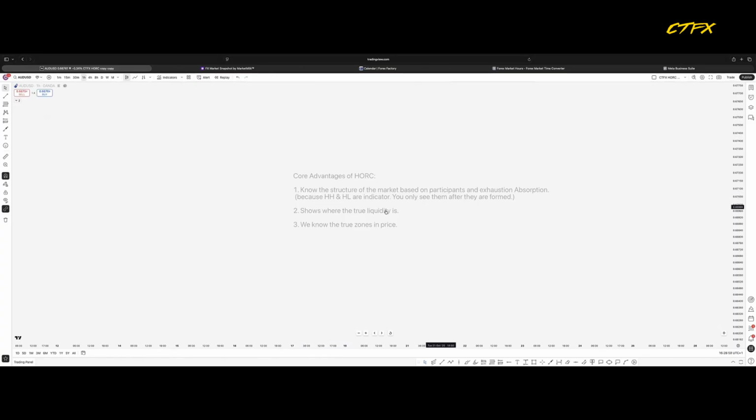Do you understand? The second thing is it shows you where the true liquidity is. The third thing is that it shows you where the true zones are in price action. So guys, let me show you just in a bit what everything I've said here will look like on price action.